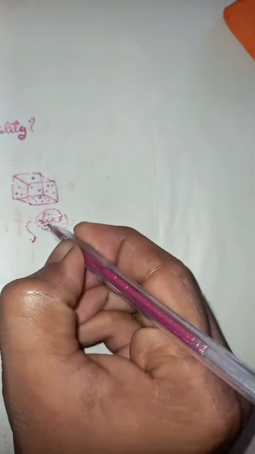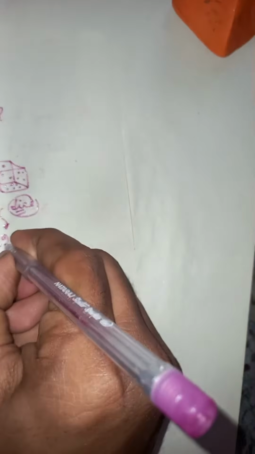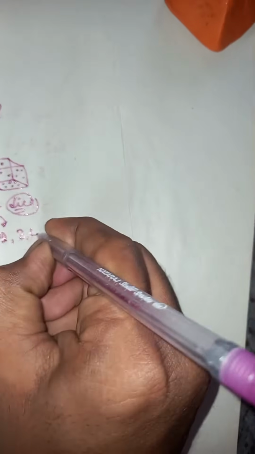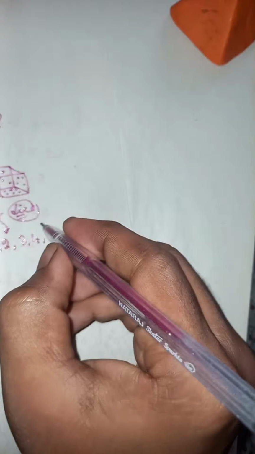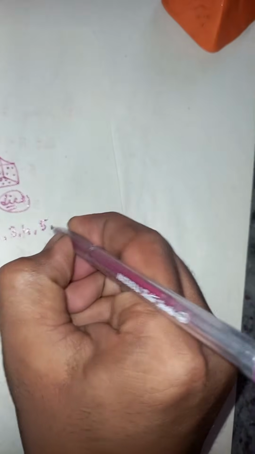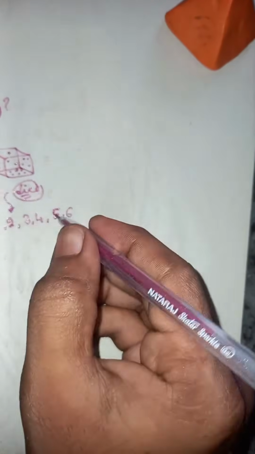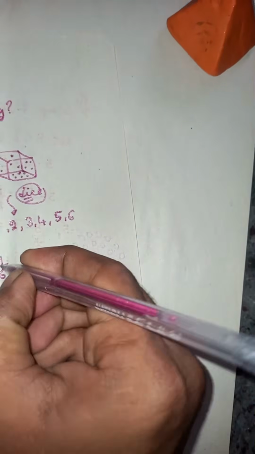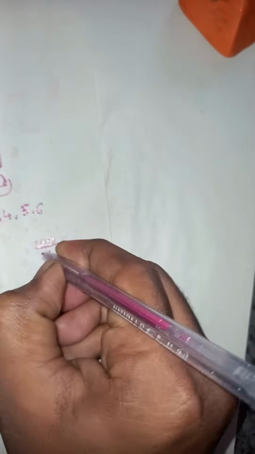Now I'm going to tell you the probability of the dice. There are six different chances of getting it: 1, 2, 3, 4, 5, 6. Each has a probability of 1 by 6, and you can find out the percentage of it.